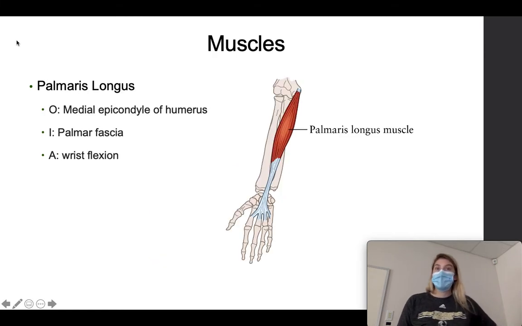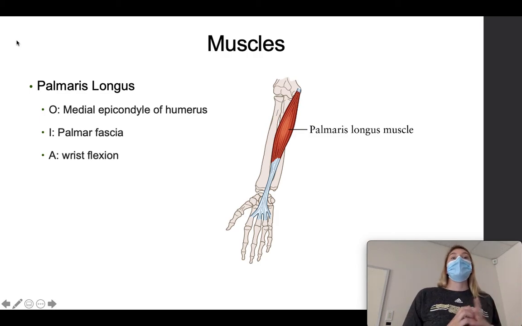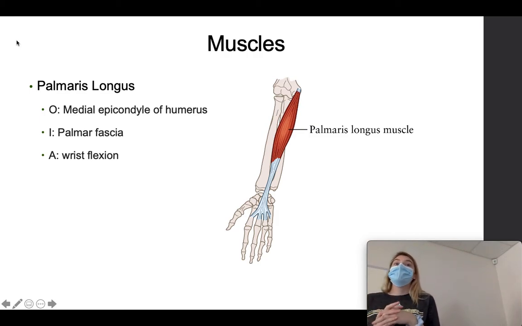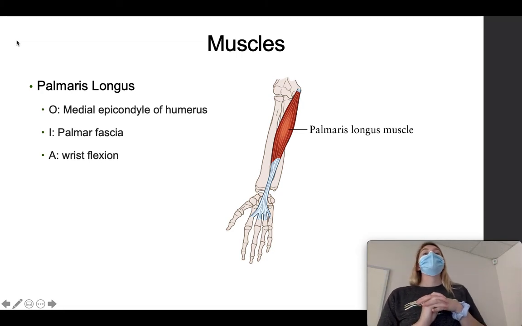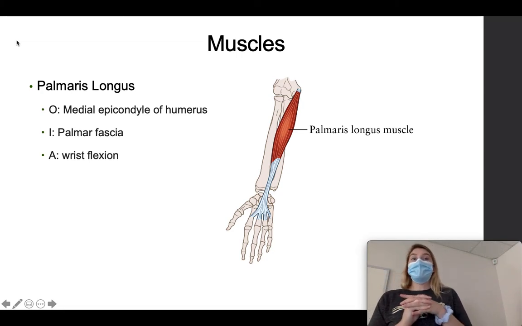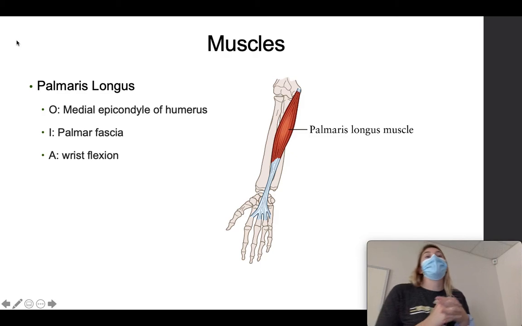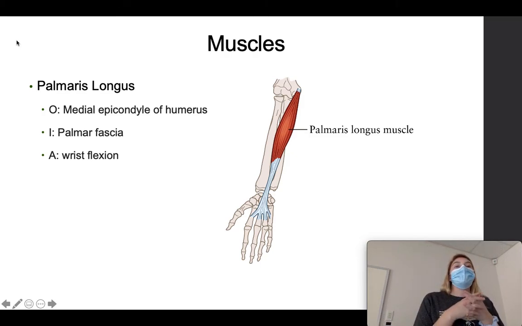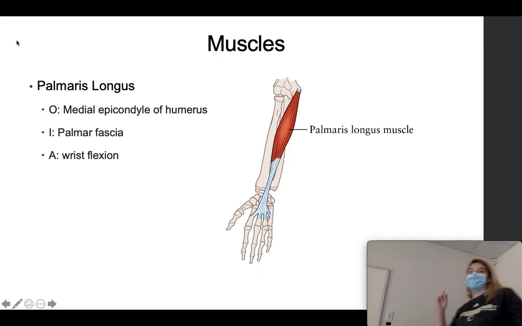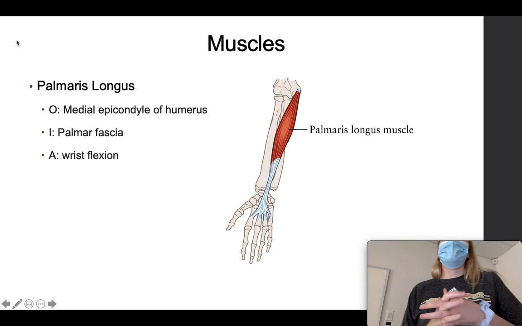Okay. So first specific muscle I'm going to pull out is going to be the palmaris longus. So the origin is going to be that medial epicondyle. So is it going to be on the anterior side or the posterior side? If it has an origin site of the medial epicondyle.